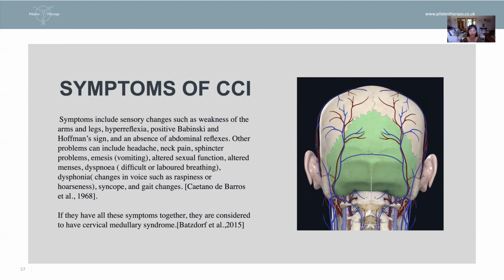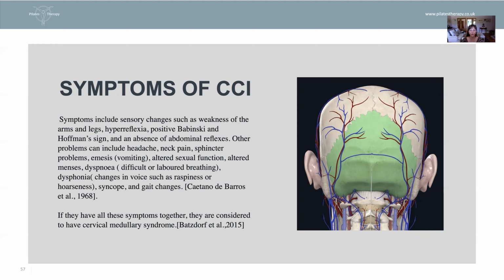And possibly an absence of abdominal reflexes. Other problems can include headache, neck pain, and sphincter problems. Sphincters are what help close off when you want to not pee or poo, basically.